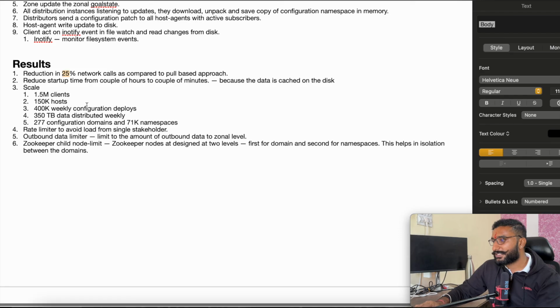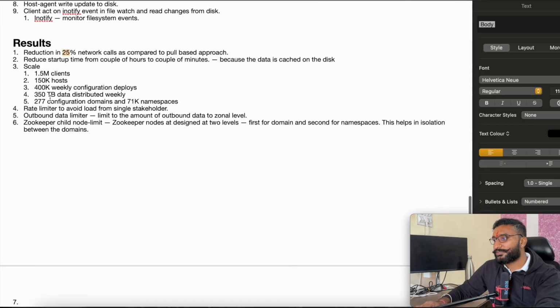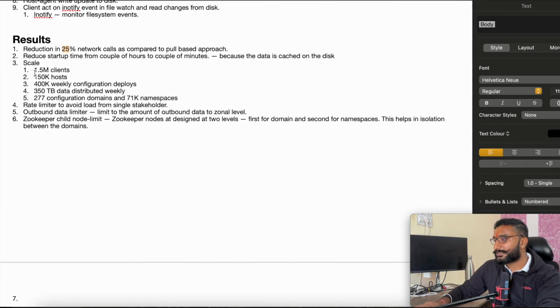It also helped in reducing the startup time, because the configurations are directly available in the cache, and they don't have to be pulled from Flipr as in the previous architecture, right?